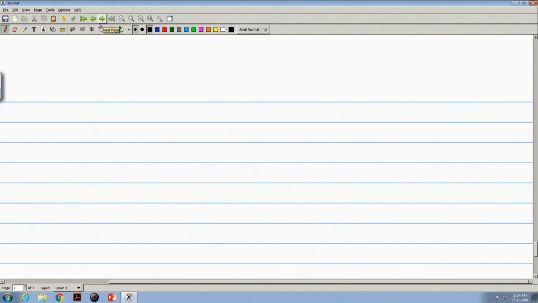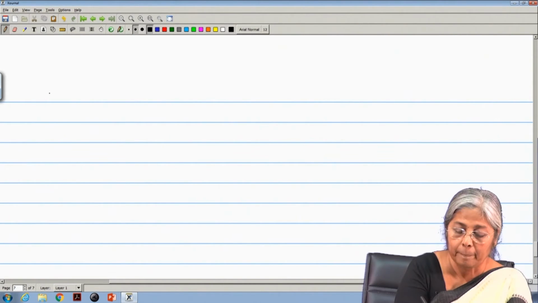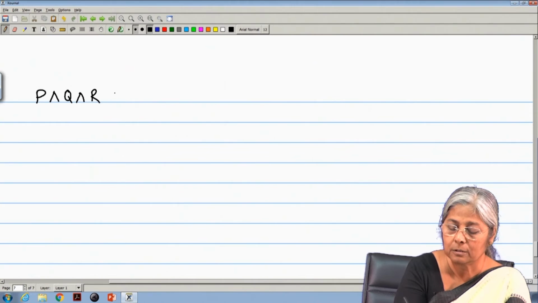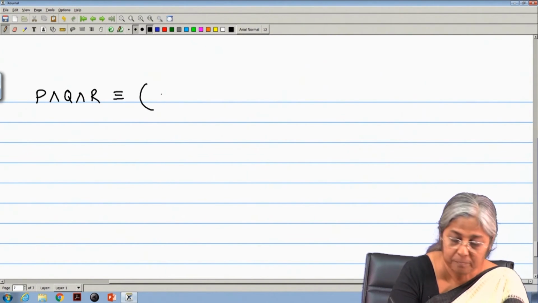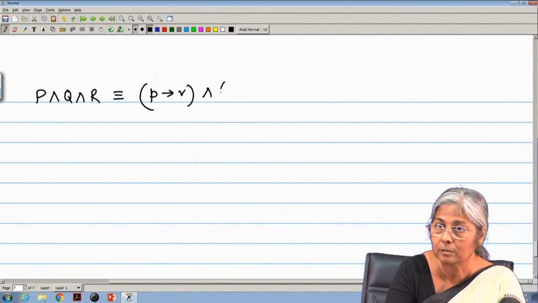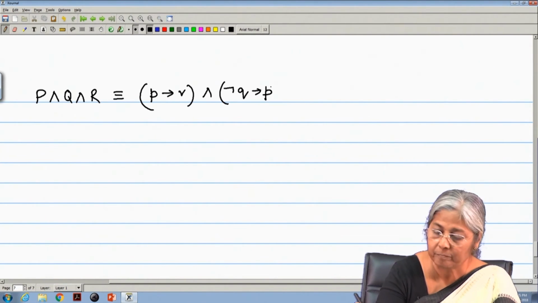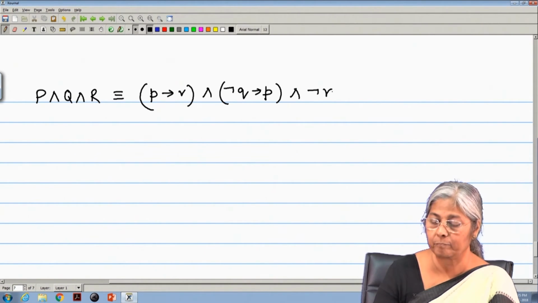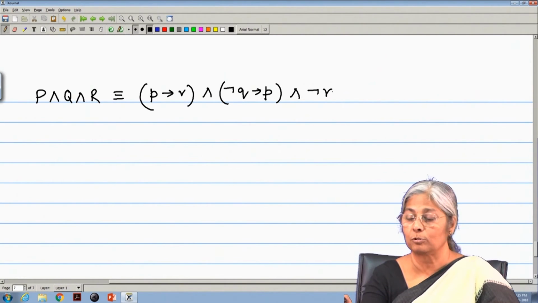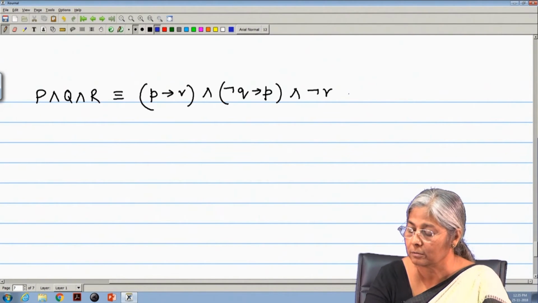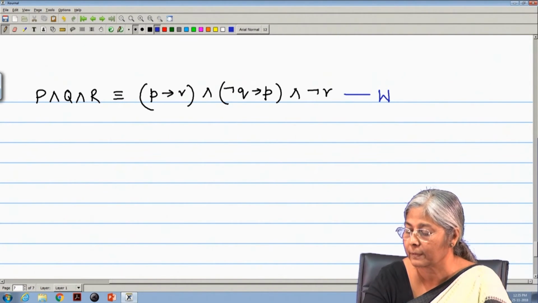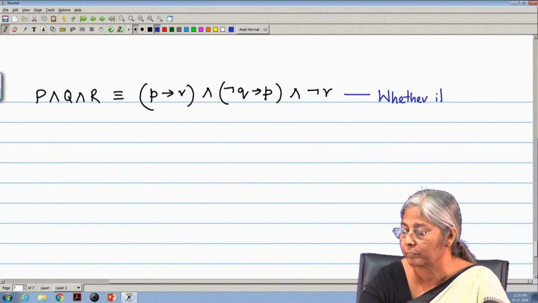So, the same thing we see: our compound proposition was P conjunction Q conjunction R, which was equivalent to P implies R and negation Q implies P and negation R. Now, we see whether it is a tautology or not.